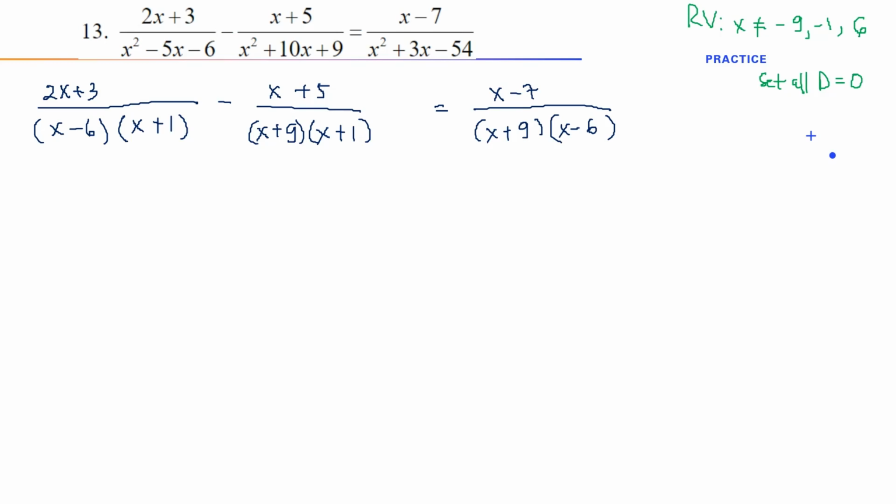And x have to be different from that because the denominator has to be different from 0. Now, least common denominator or the factor lacking. So for the first one, we have x minus 6, x plus 1, we lack x plus 9.